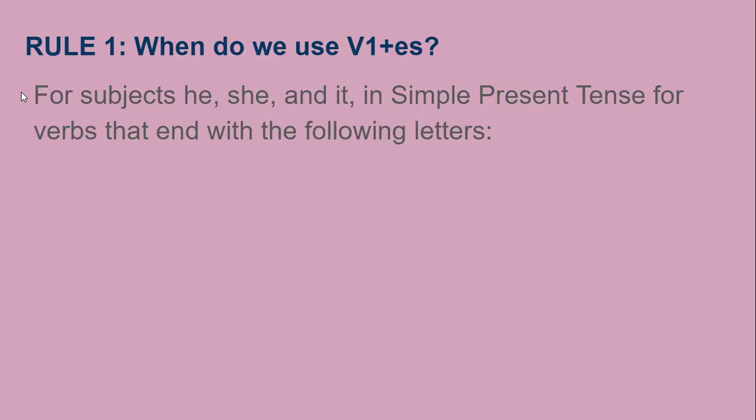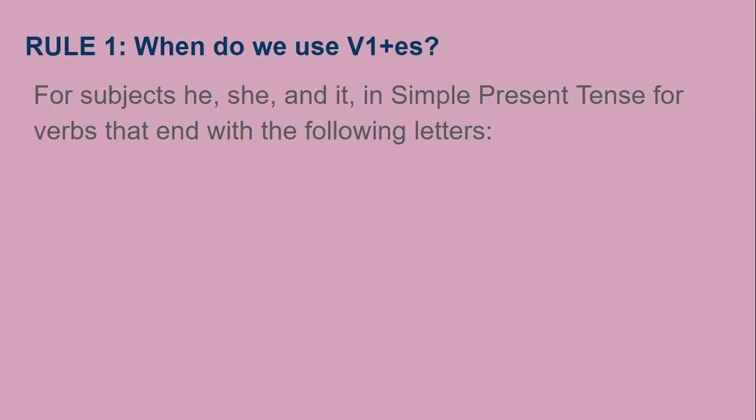So, for subjects he, she, and it, in simple present tense, for verbs that end with the following letters. If your verb ends with the following letters and your subject is a he, she, or it, then at the end of that verb, you need to put an ES.